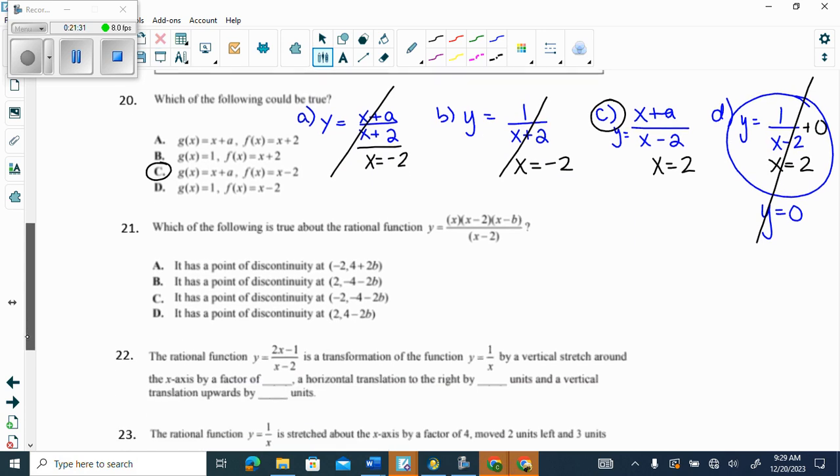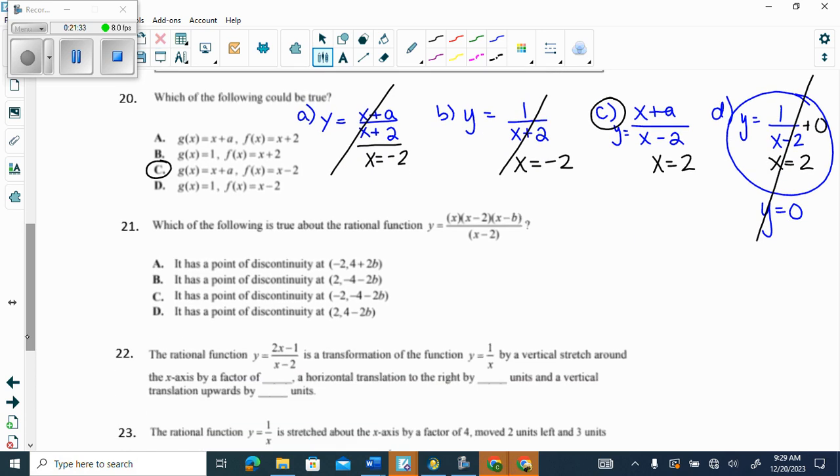Which of the following is true about this rational? These cancel off. What do I do then? Plug the 2 back in. So I get 2 times 2 minus b, which is 4 minus 2b. So my coordinate is at 2 and 4 minus 2b.